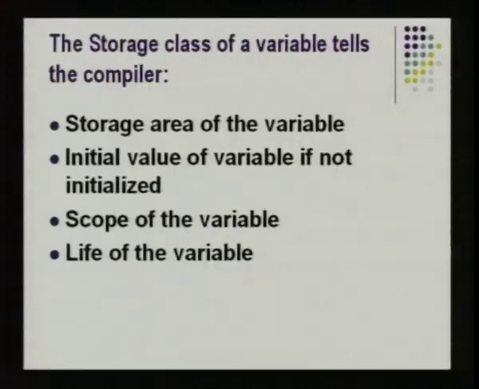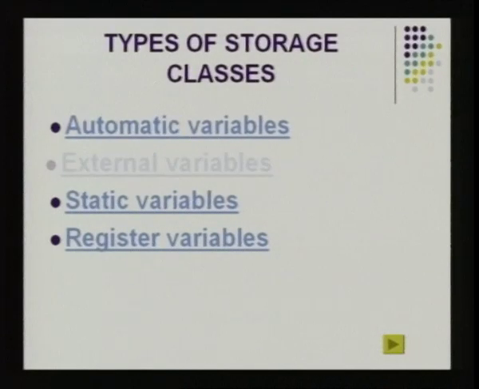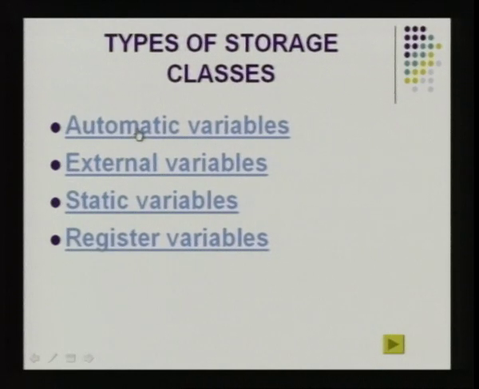All this information is given by the storage class to the C compiler, which makes it easier for the compiler to detect errors and compile the program. There are 4 types of variables defined by the storage class of C: automatic variables, external variables, static variables, and register variables.